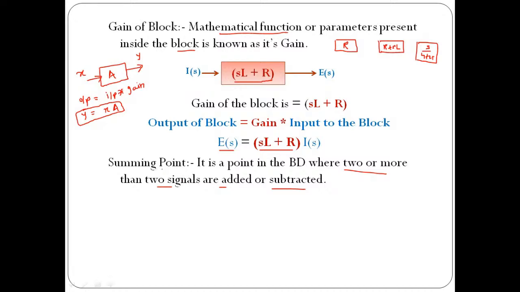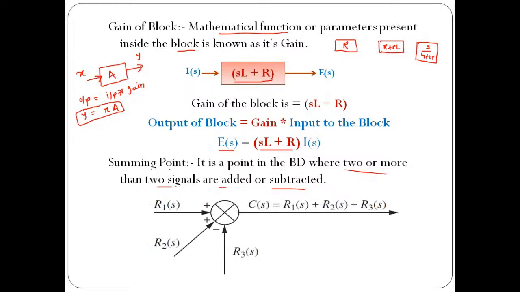For example, in this figure, this circle with some input signals having finite signs mentioned at their corresponding arrowheads, like plus, plus and minus, this particular symbol or point is known as a summing point.